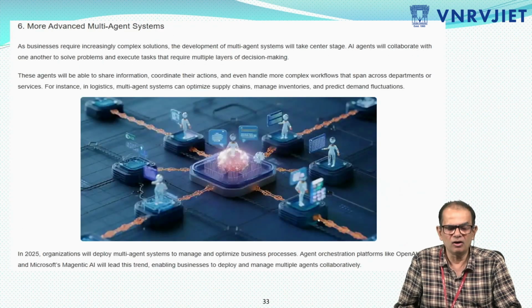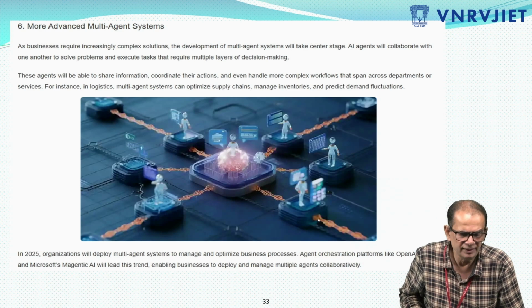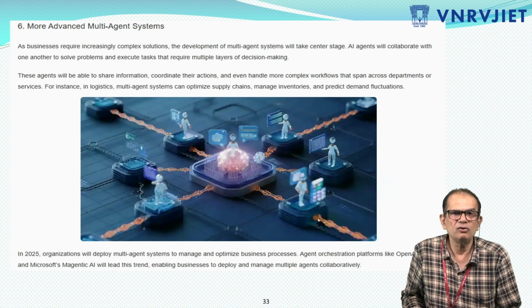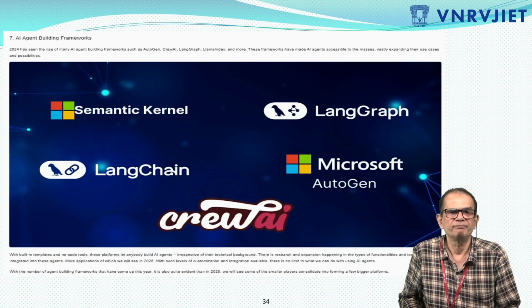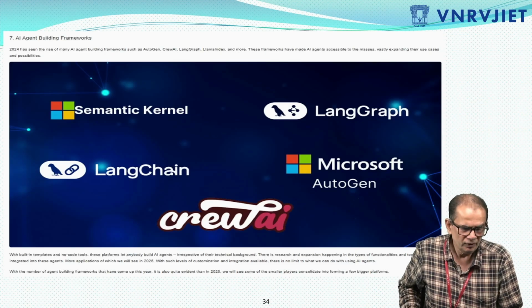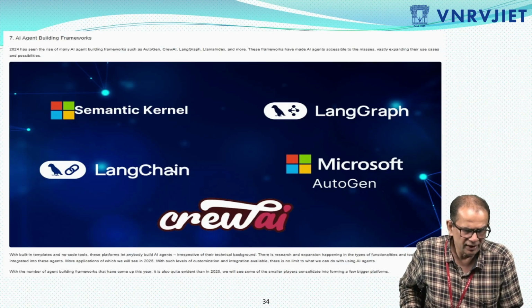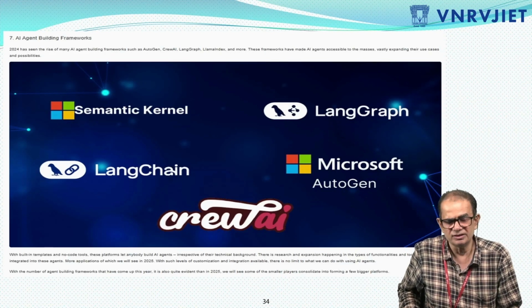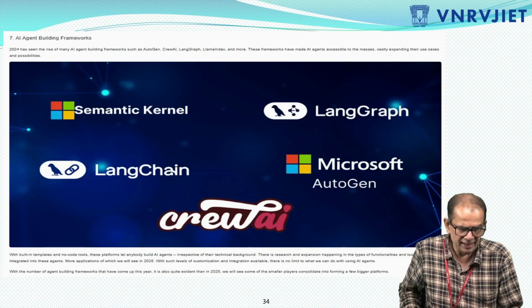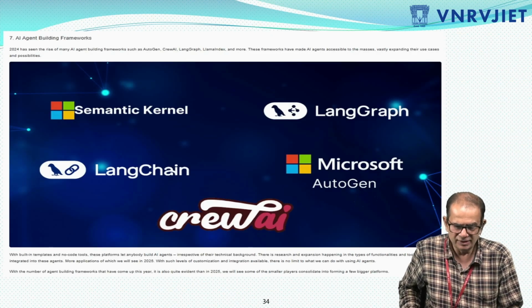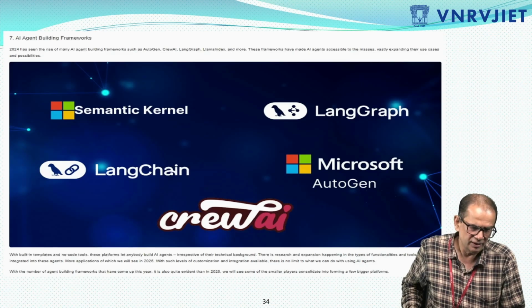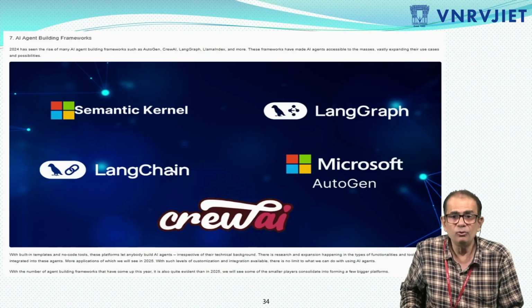Already a lot of this has been there. So we are going to see a lot of advanced multi-agents come into the industry in the near future. Now, these are some of the AI agent building frameworks which are there, and the popular ones among them are LangChain, LangGraph, Microsoft Autogen, Semantic Kernel, and Crew AI.